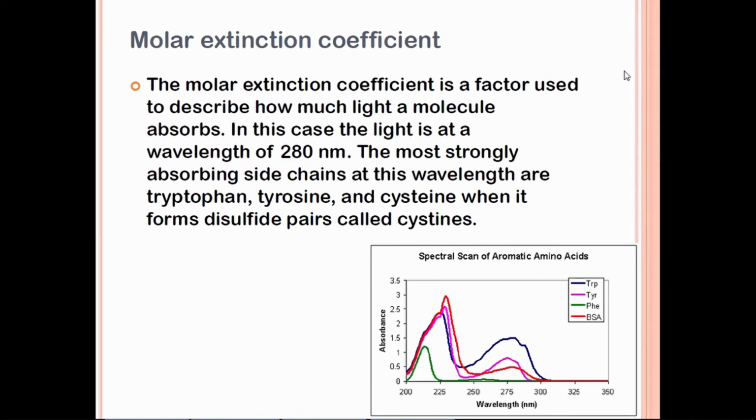By knowing the absorption, kita boleh baca dari spectrophotometer, and then we know the molar extinction coefficient, we know the size of the cuvette, normally 1 centimeter, then we know the concentration of our protein. So again, A equals epsilon, the molar extinction coefficient, times B times C.